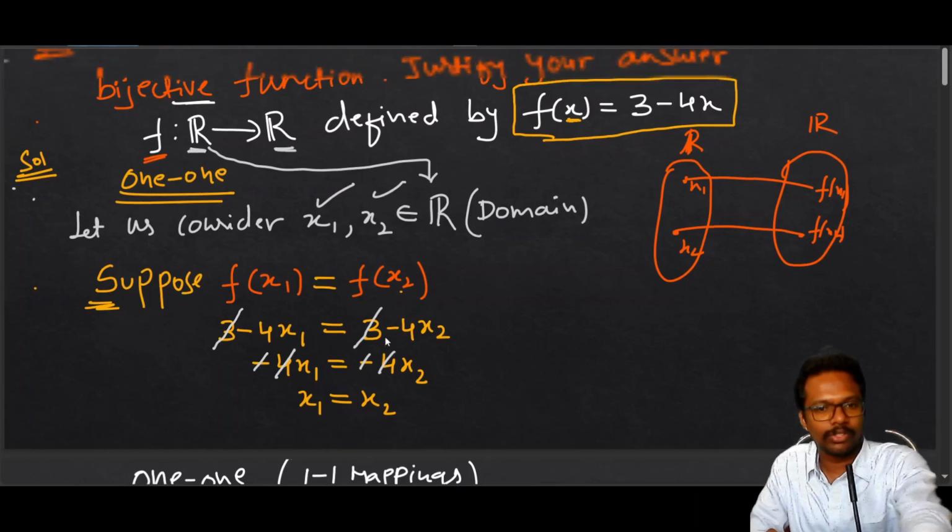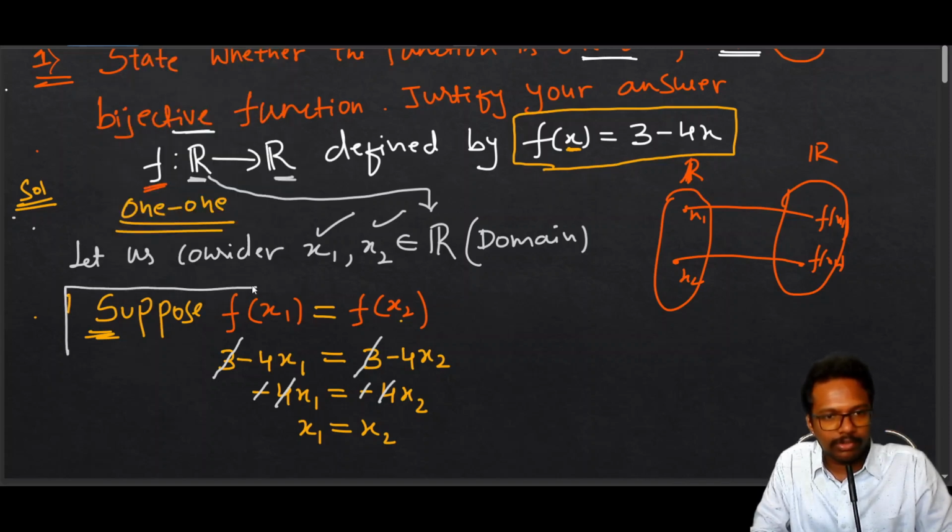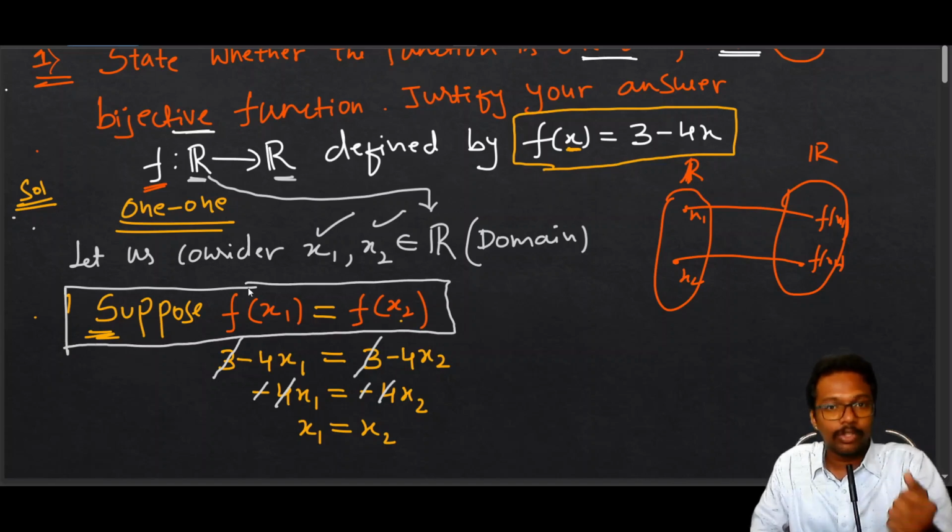I hope you understood the concept of 1-1 here. Suppose f of x1 equals f of x2. I have assumed it to check whether the given function is 1-1 or not. These two, f of x1 and f of x2, are in the codomain, and I assumed both are equal.